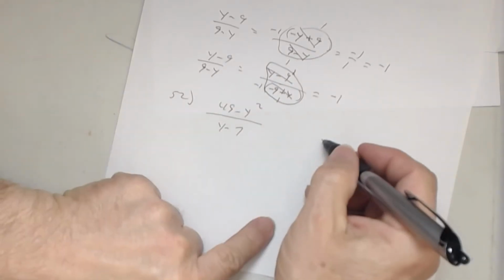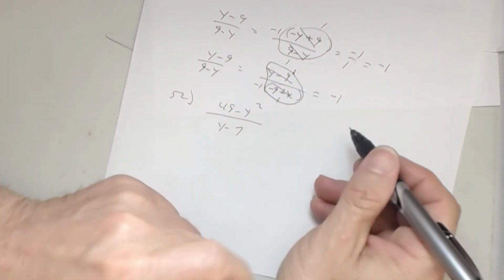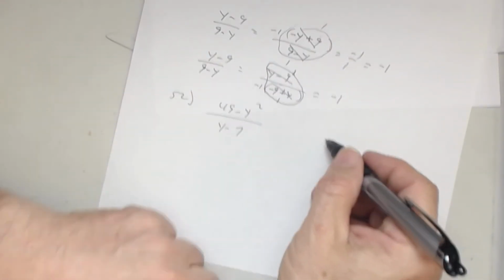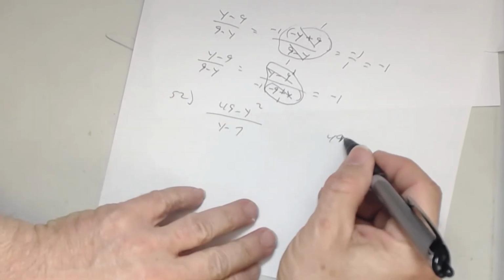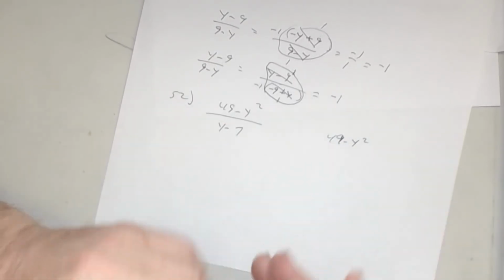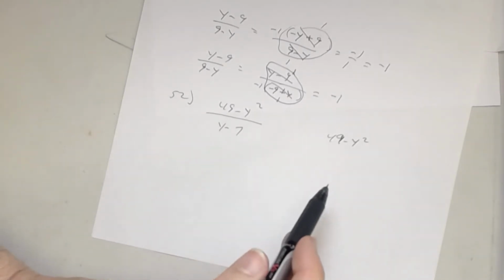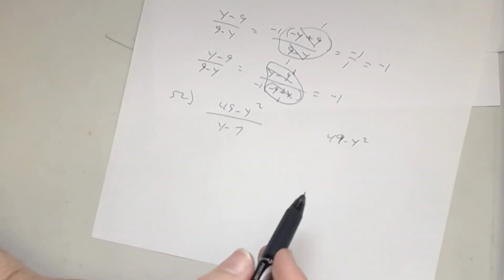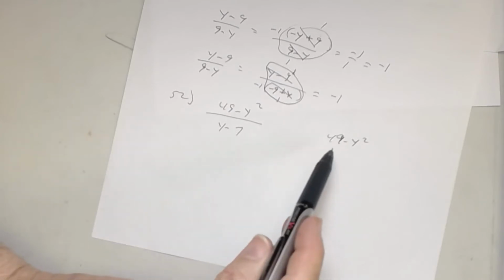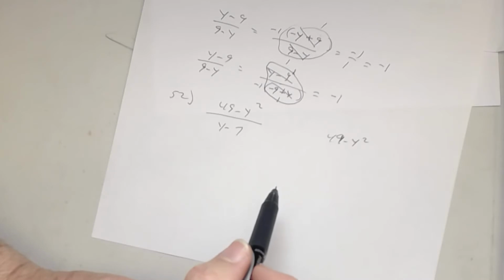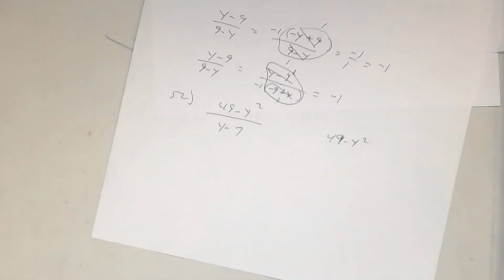On the worksheet, you may have had something like, well, let's do 49 minus y squared. What some of you said was that this was y minus 7 times y plus 7. That's not true. That is not y plus 7 times y minus 7.